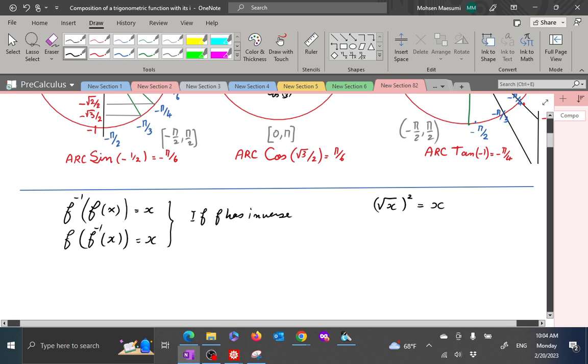However, if you take a number, square it, and then you take square root, what do you end up with? That's what the complication is here. Do we end up with x? No, it's a bit more complicated than that. We need to be a bit more careful. If you take a number, square it, and then take a square root, we don't go back to what we started with.